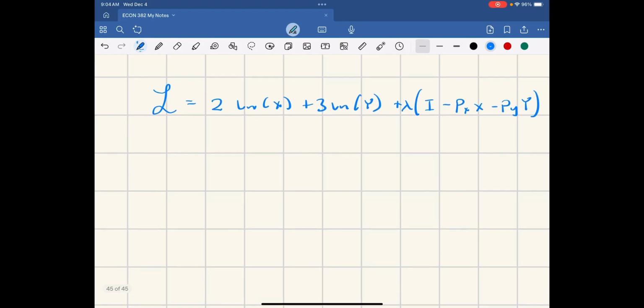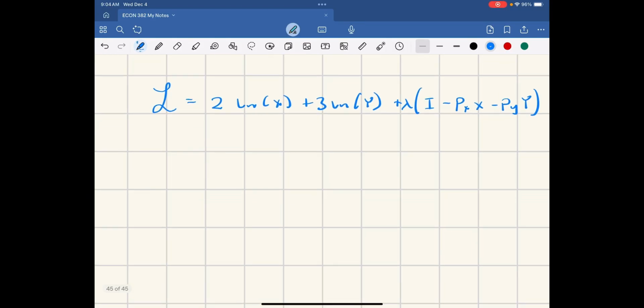Now in Econ 380, or in first semester of Principles of Micro, we learned that for the optimal value of x there's a shortcut method where we go something like this. Sorry, let's check this. This should not be 3 here. This should be 5. So twice the income over 5 px, and this is 5 times py.